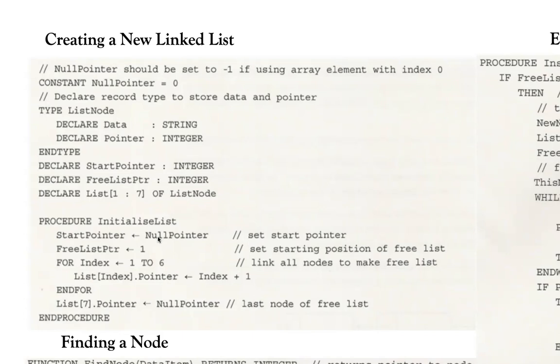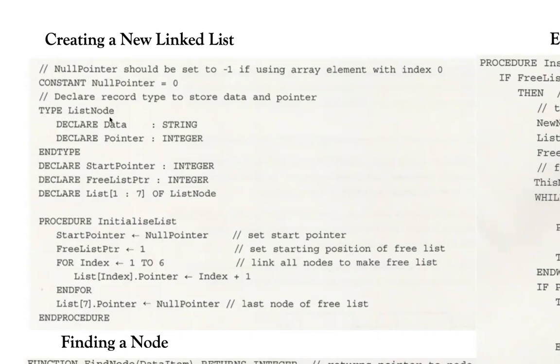So the first feature or first module of linked list involves creating a new list from scratch. So right now there is no array of nodes. We have to create an array of nodes. So before we create an array of nodes, we have to create something that is known as a node. So this is where we declare our user defined type of type list node.